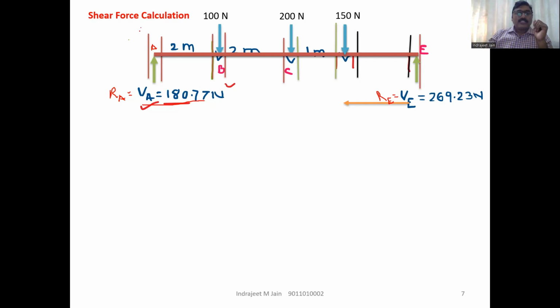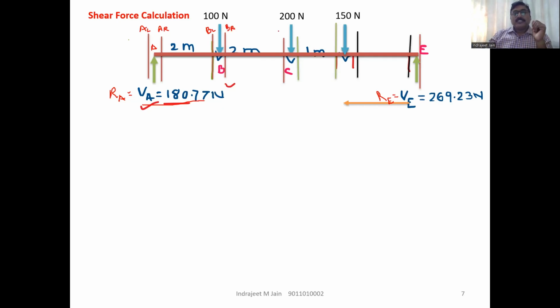So this is A left, this is A right. Similarly, this is B left and this is B right.